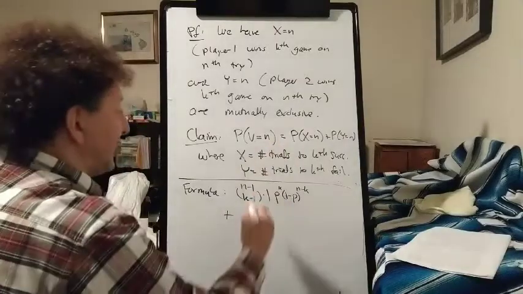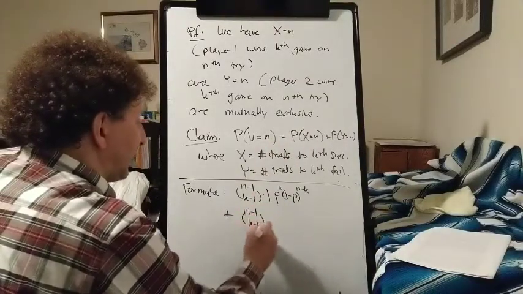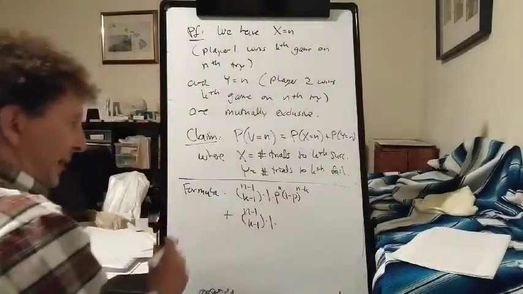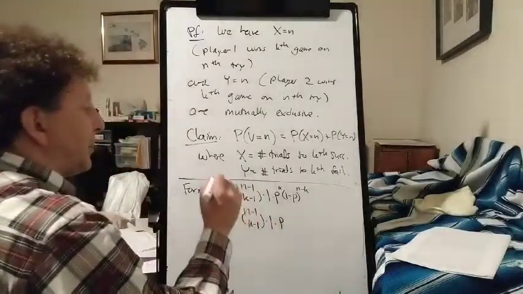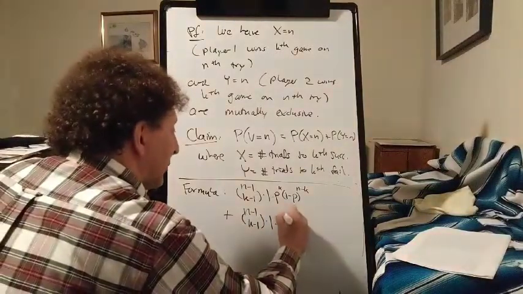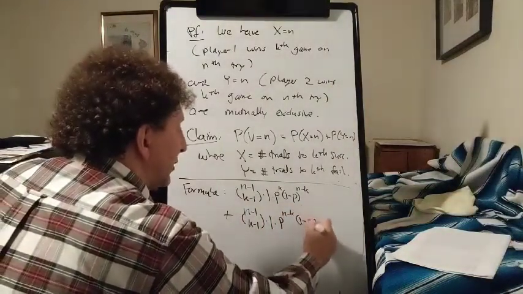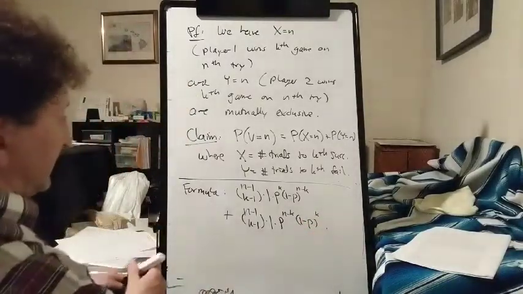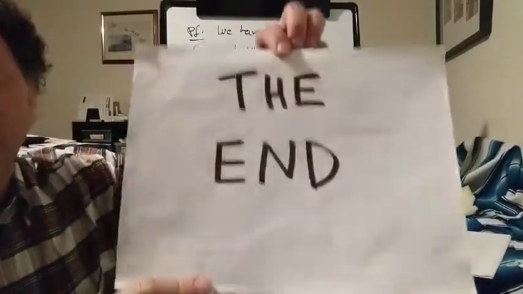And then for player 2 to win, also we have k minus 1 victories for player 2 in the first n minus 1, and then a victory on the nth try. So now P is player 2 losing, player 1 winning. So player 1 wins n minus k of them, and player 2 wins k of them. The end.